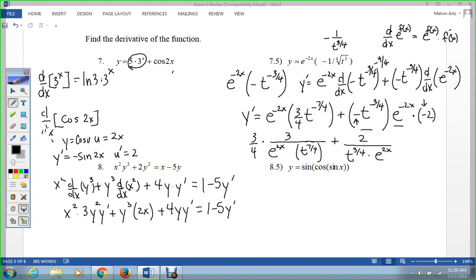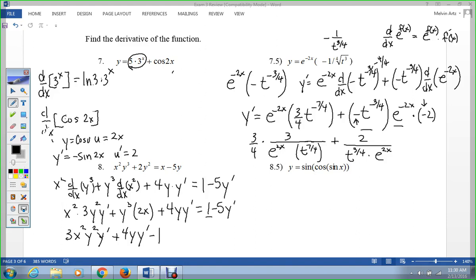and then you would get all of your y primes on the same side, factor that out, and then divide the quantity over to the right side that doesn't have y primes in it. So I'm going to leave a lot of that to you again, but if we got all of the terms with y prime in them, we'd have 3x squared y prime. That's our first term. Then we have plus a 4y y prime. I'm sorry, we don't want the 1.